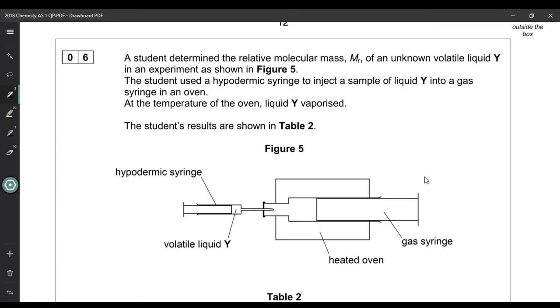So question 6 is going to have us look at the change from a liquid state to a gas state. The student has got a volatile liquid in a syringe, and they're going to inject it into a gas syringe and heat it up so the liquid is vaporized and turns into a gas.